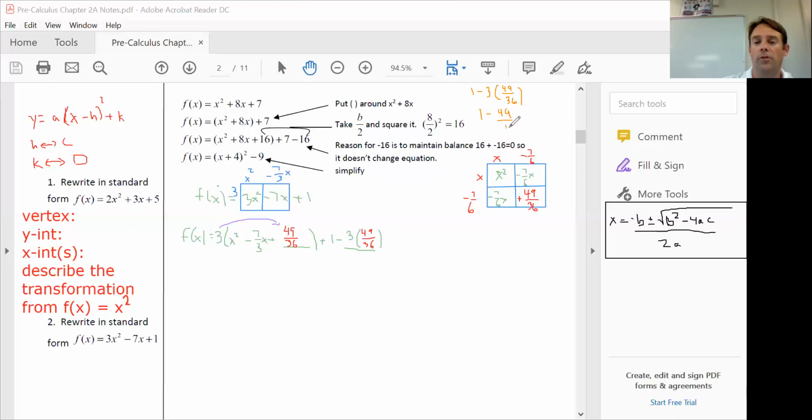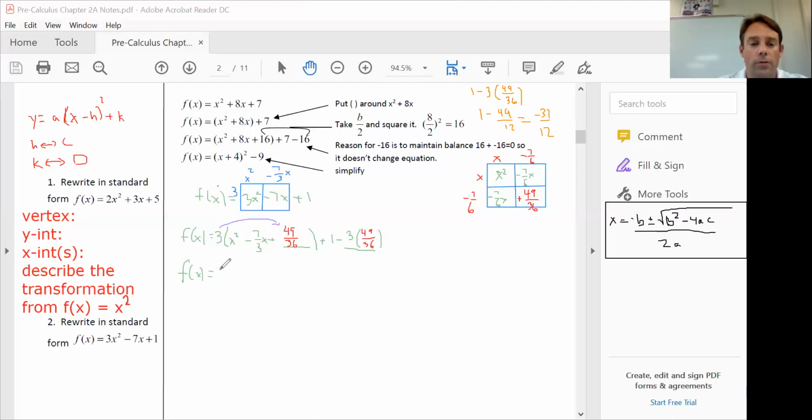And friends, I believe that will be negative 37 over 12. And again, we have some just wonderfully hideous fractions. And I know you guys are totally digging the fractions, aren't you? I'm sure you are.